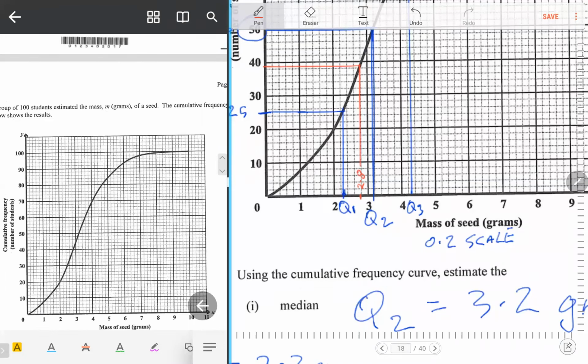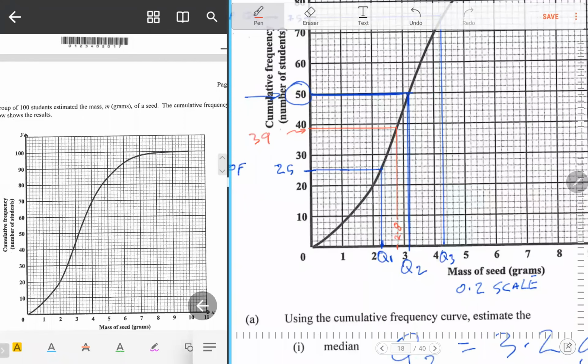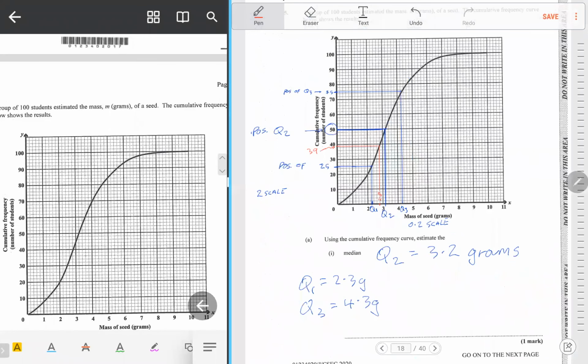Remember, every line up here is 2, so that's 30, 32, 34, 36, 38, 39. Good? 39 students, so we're going to write that 39. Right there is 39. Now we'll go back over to the sheet. We did it.